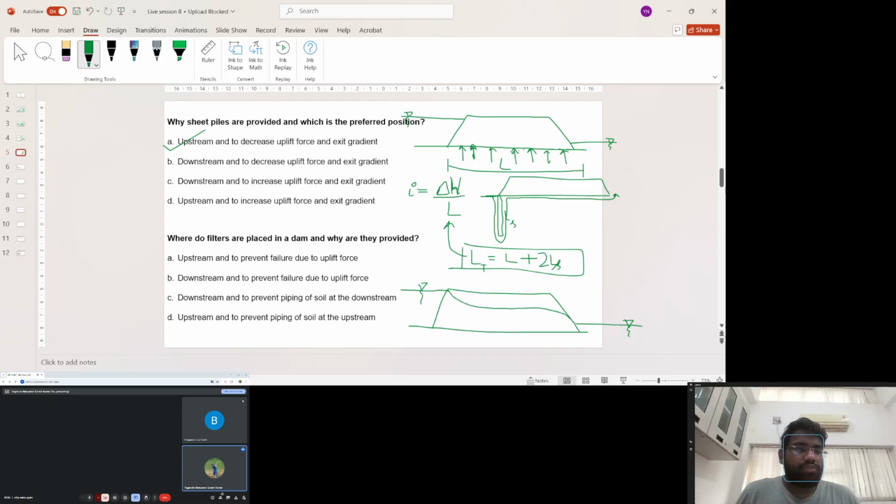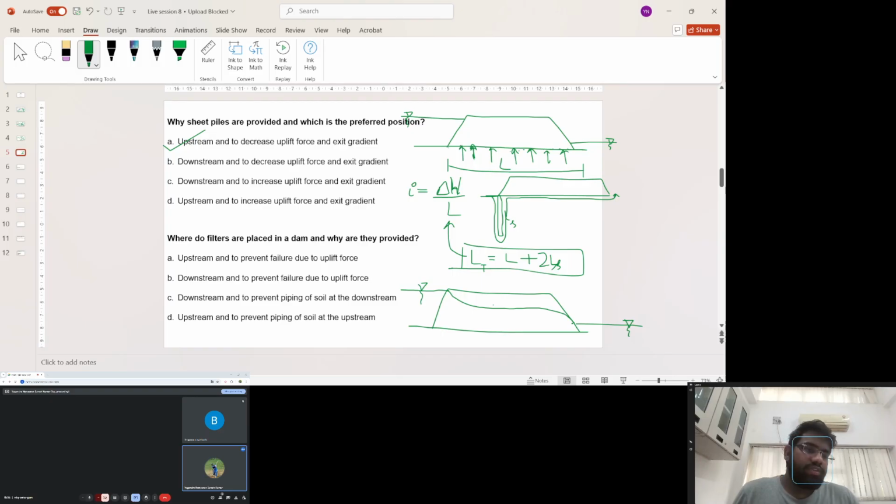This is the topmost flow line, which is the phreatic line, right? The water flowing through the embankment will come out of the downstream slope.